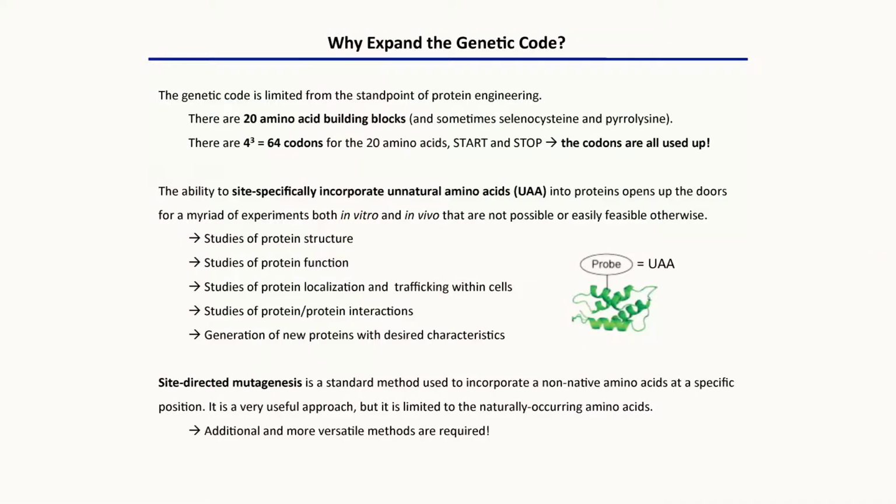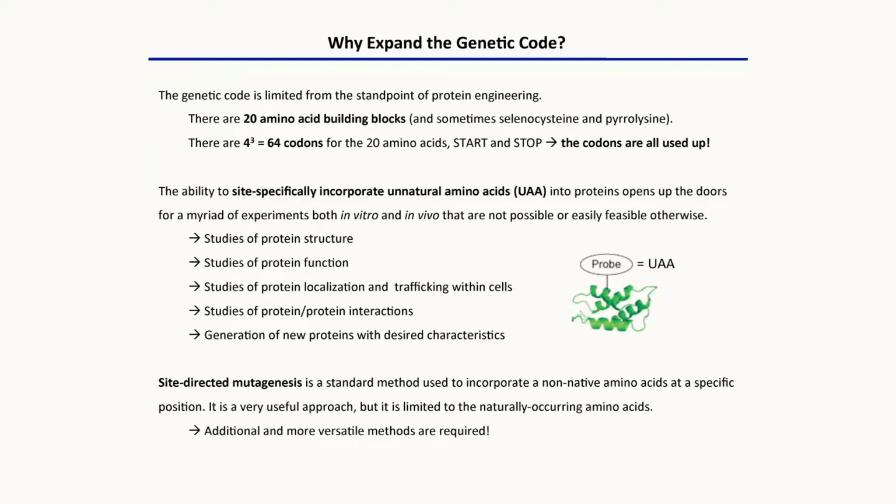If we think about the genetic code, we all know that it encodes these 20 amino acid building blocks. There's the start codons and the stop codon. And effectively, the codons are all used up. There aren't extra codons floating around that we could poach and assign to something else here. So can we overcome this? And why would we want to do that?